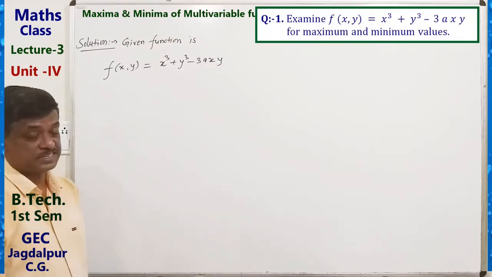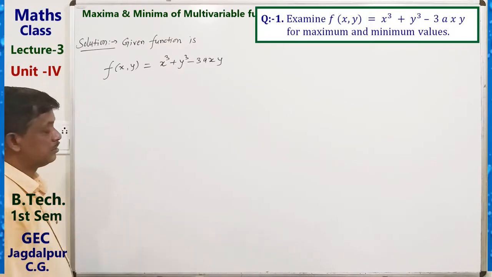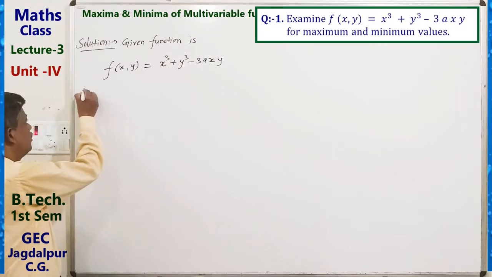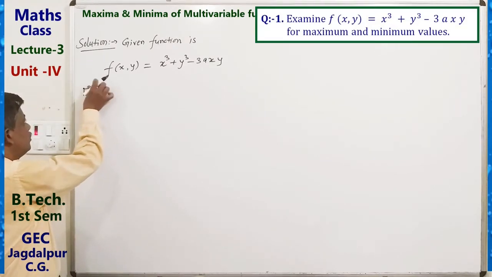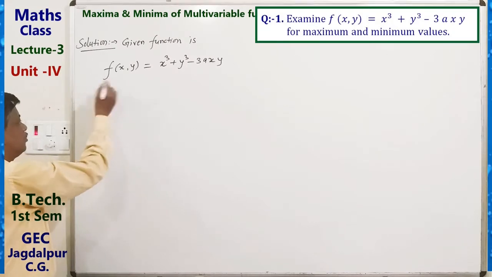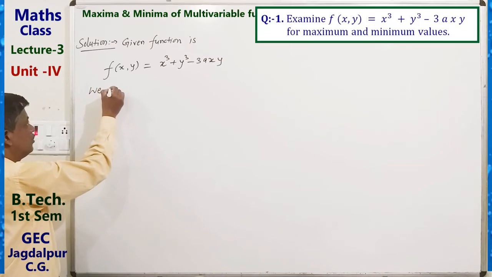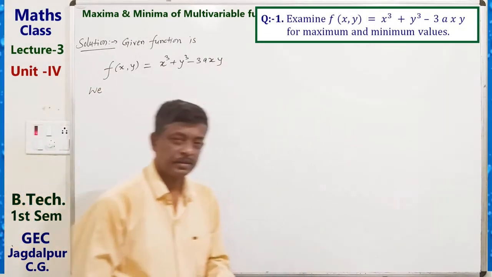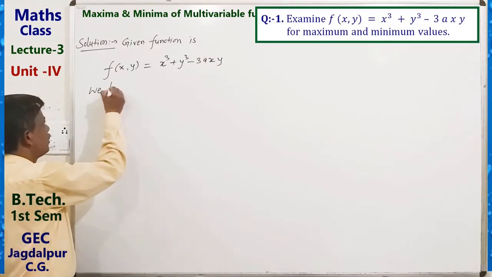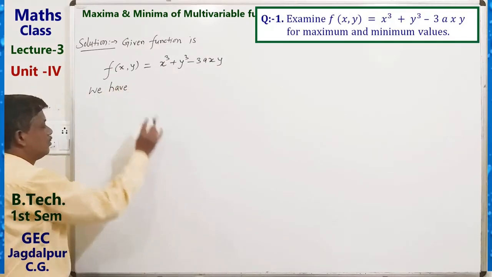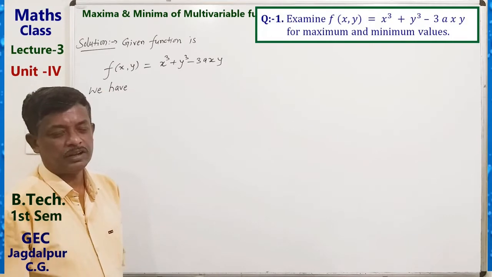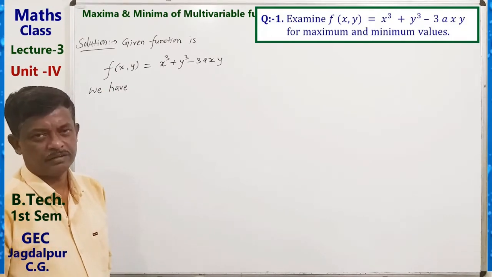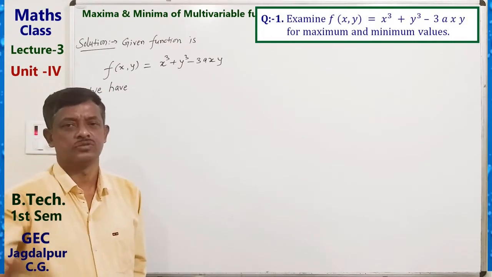For finding stationary points, what is our rule? Del f by del x, del f by del y, and then r, s, t also.